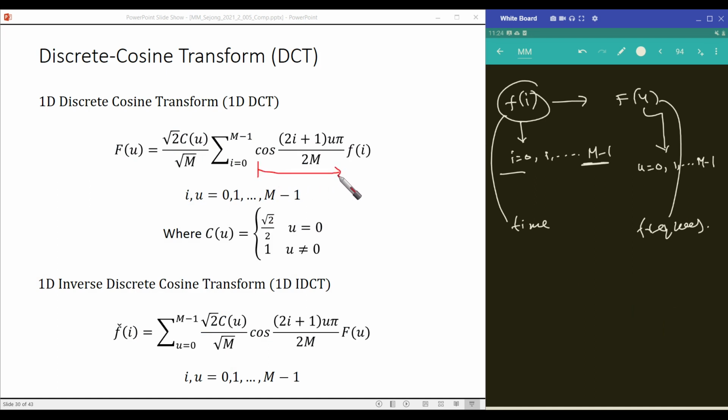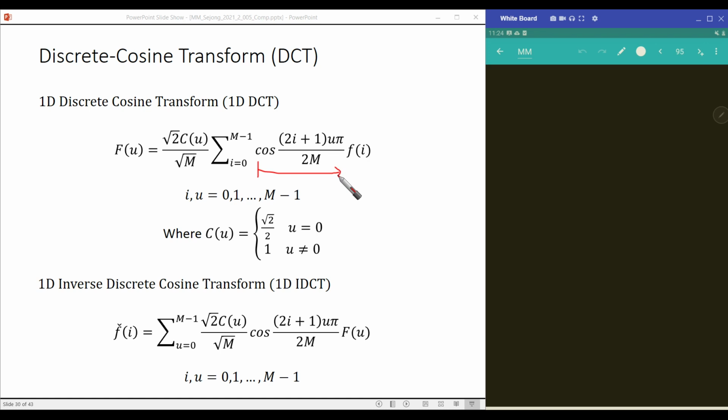We have cos of (2i plus 1) u pi divided by twice m. It is this simple. That means we take each number, for example the first number i equals 0, then 1, 2, the second number, third number, and we multiply that number with this cosine.